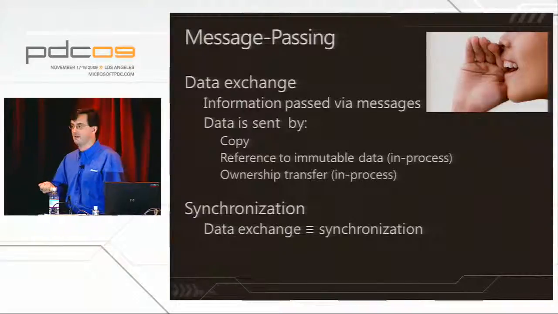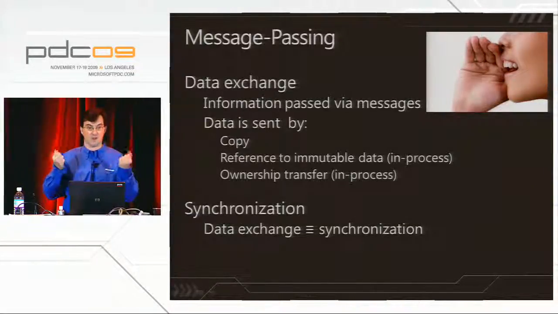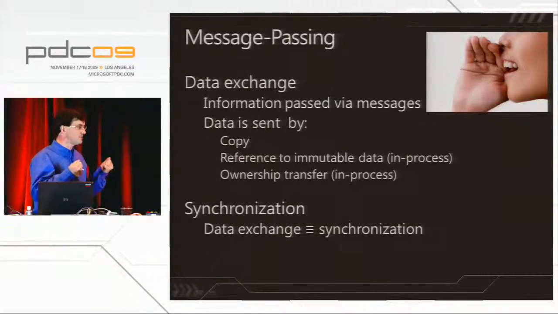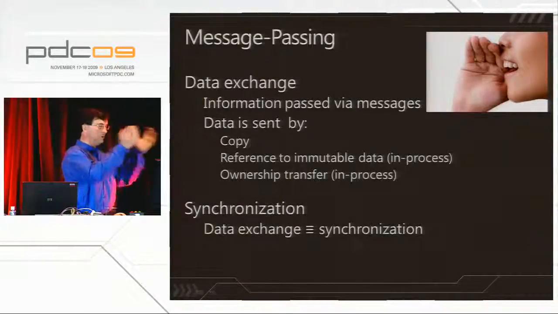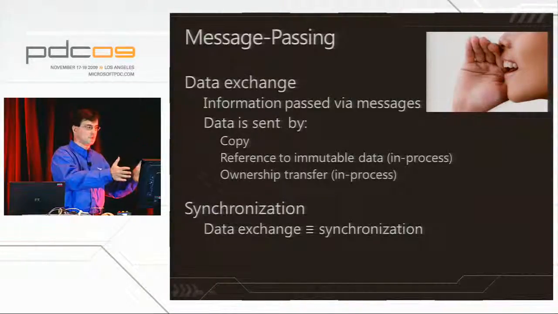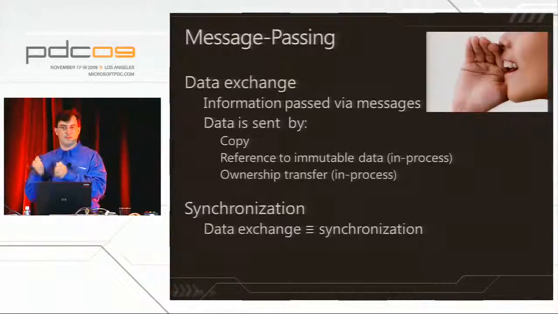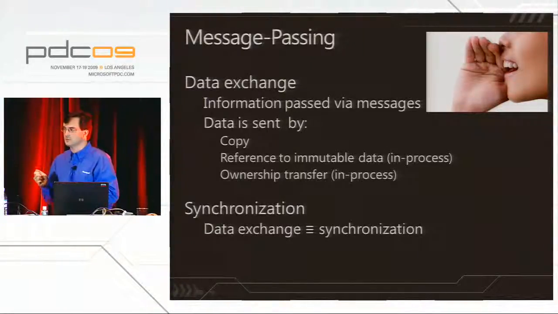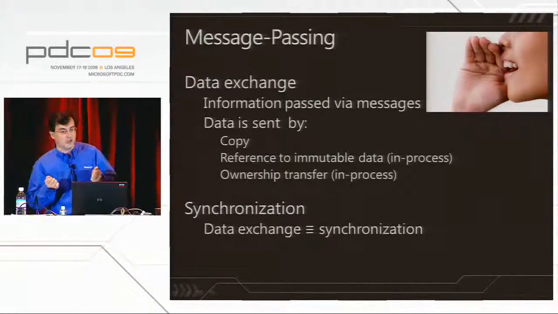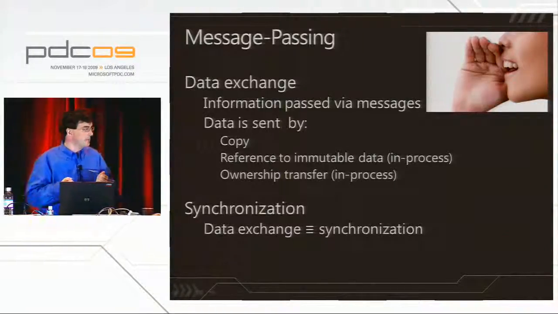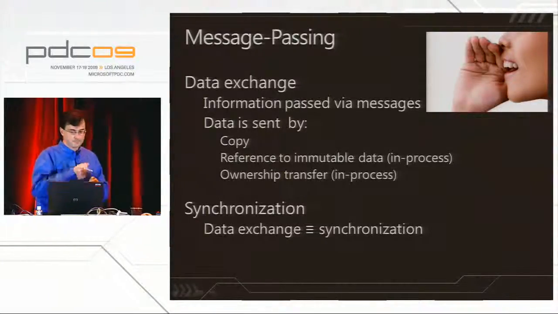I can send that by reference. That's completely safe, because then I don't have any writers. Or I'm going to transfer the ownership. I'm going to say, I give you this reference, or I give you this piece of data, and I'm giving up any reference to it. I'm not going to hold on to it. That's kind of hard sometimes to do that properly, but it certainly can be done.